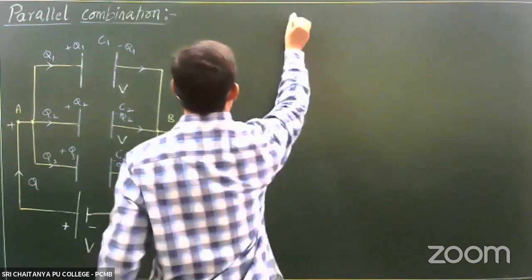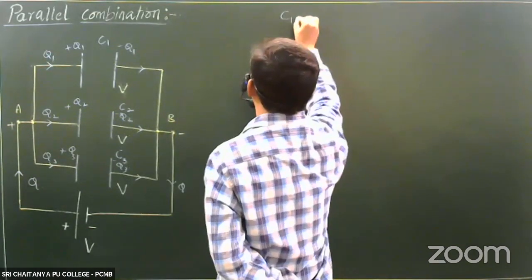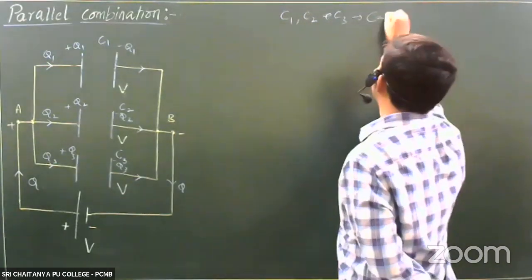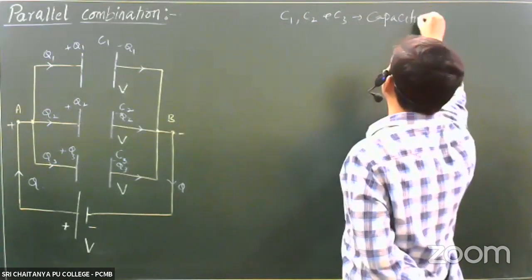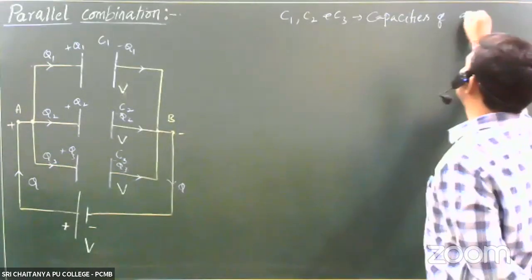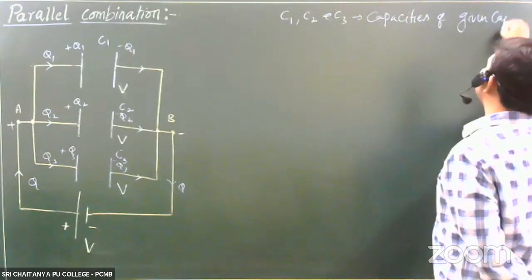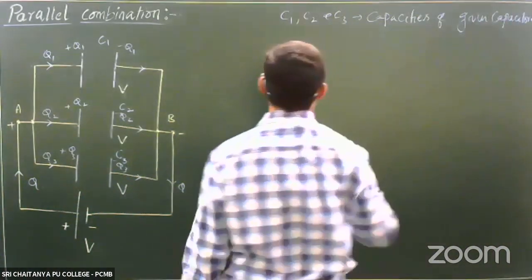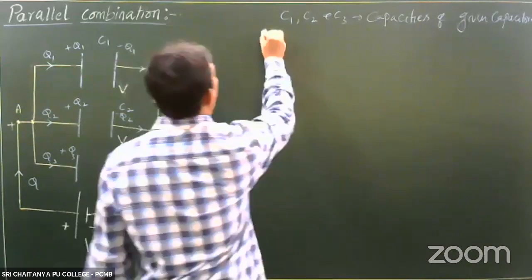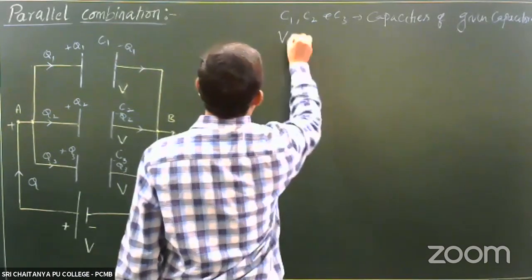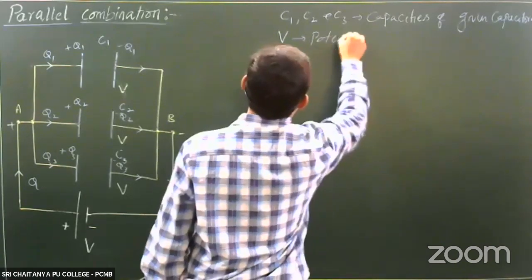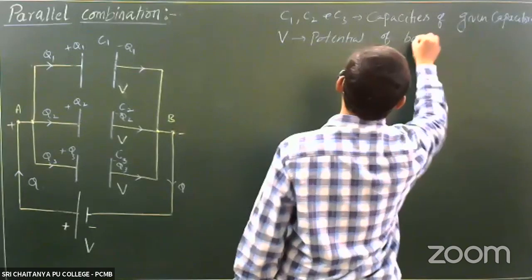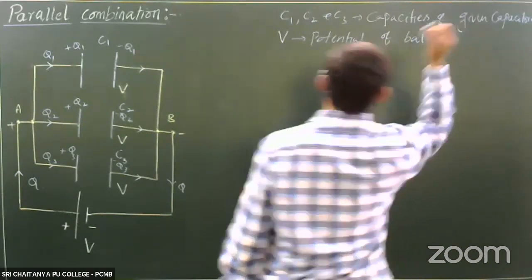So what do we have? C1, C2 and C3, the capacities of the given capacitors. V is the potential of the battery.